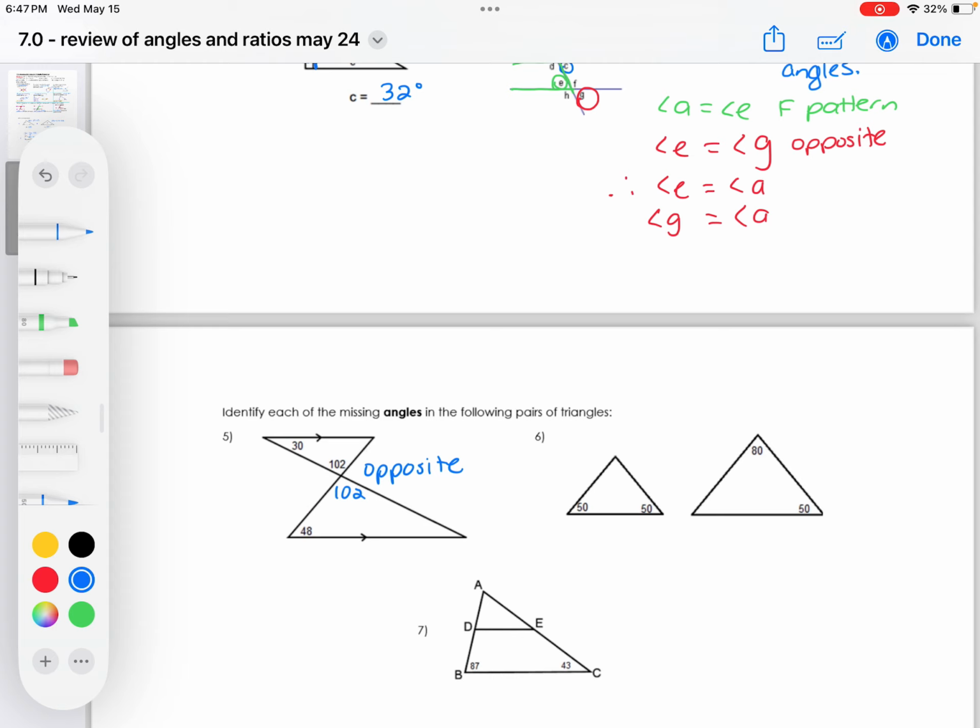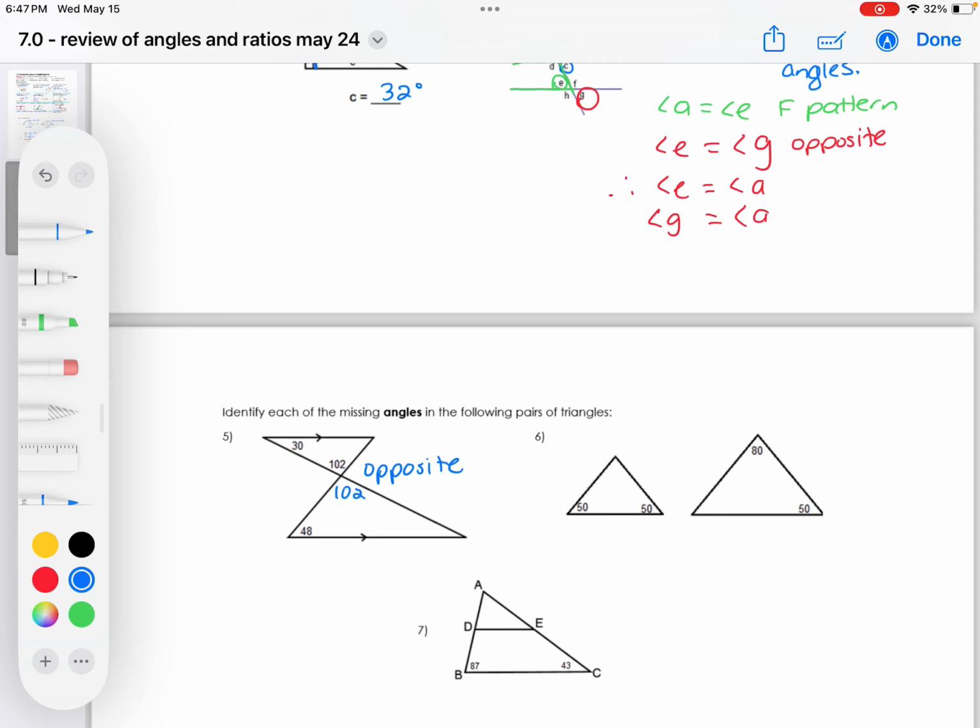So now you could use the properties of 180, the interior angles. So 180 minus 102 minus 48 definitely gives you an answer. Same with 180 minus 102 minus 30 in the top triangle gives you an answer.